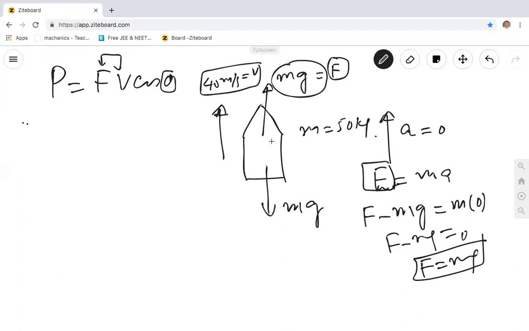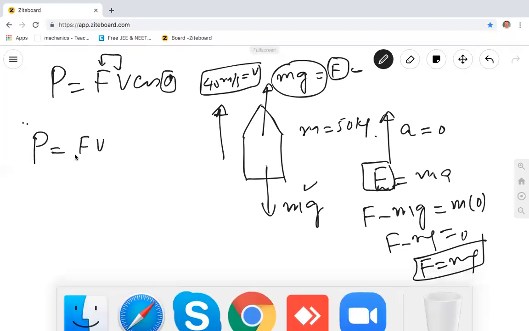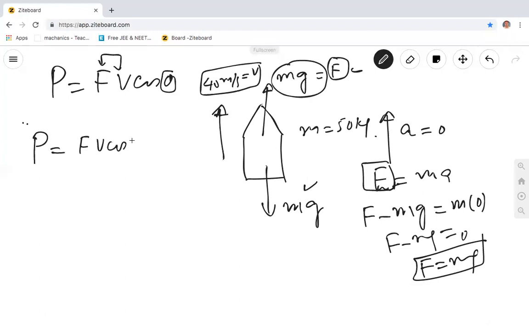What force are you exerting, this or this? The top one. That's good. I will write an equation and that will give you the answer. Have full concentration on what I write. Power is F v cos theta. What is the angle between this force and this velocity? 0.